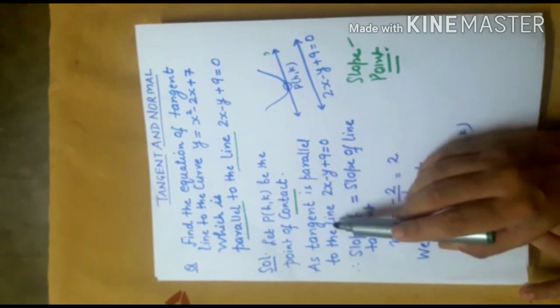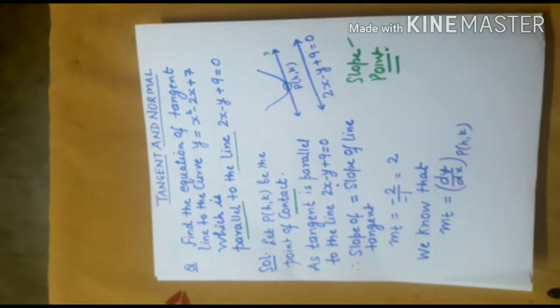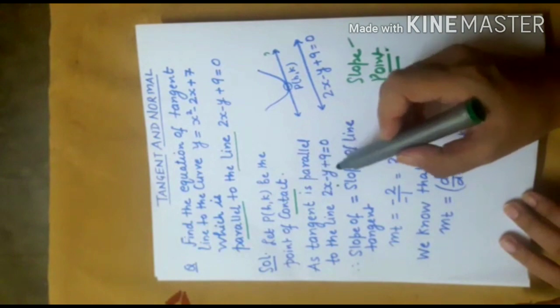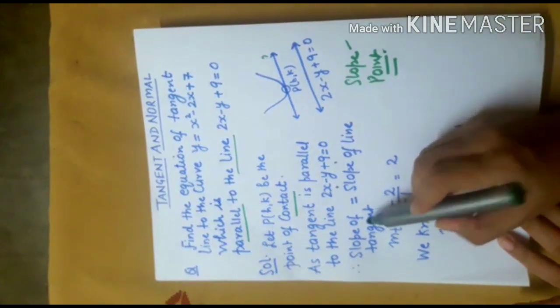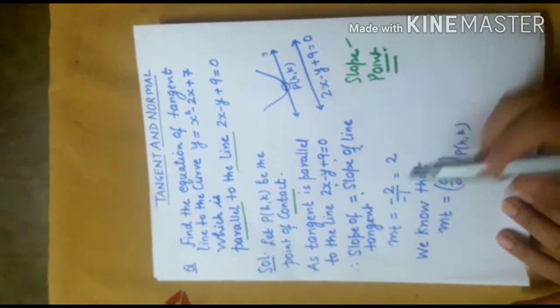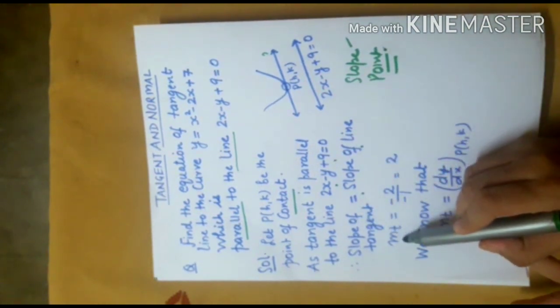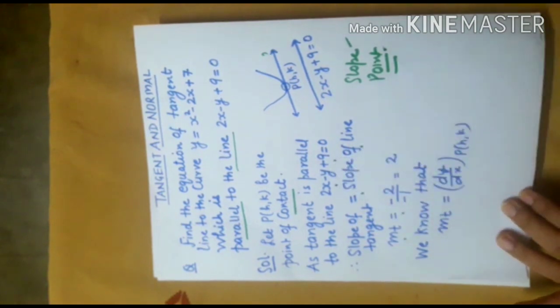As tangent is parallel to the line, we know that when two lines are parallel, then their slopes are equal. So do you agree that slope of the tangent should be equal to the slope of the line? Slope of the tangent is denoted by mt. This should be equal to slope of this line.